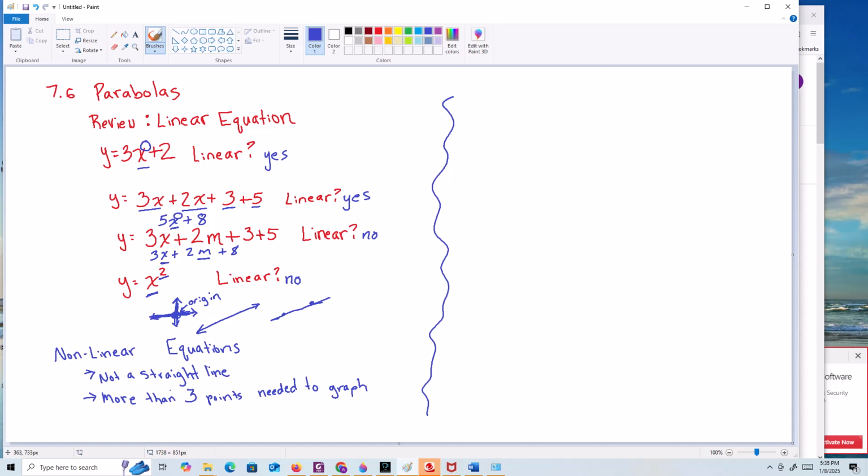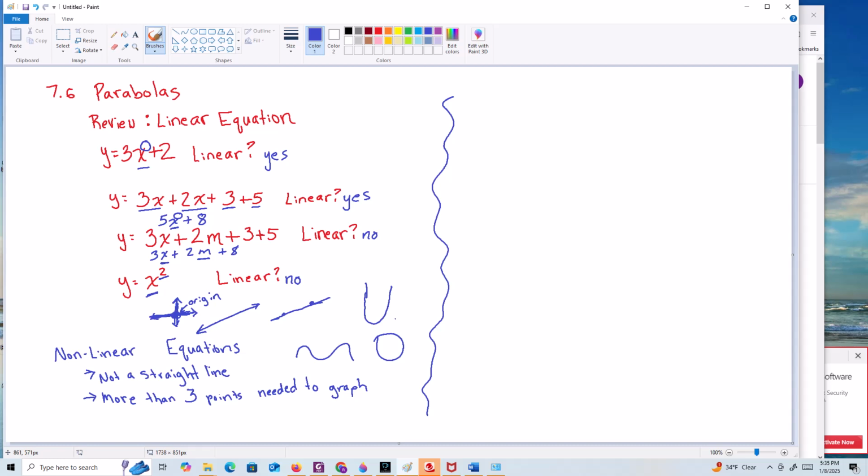Not so with nonlinear equations. Now, if a linear equation graphs out to be a line, a nonlinear equation does not graph out to be a line. So a nonlinear equation might be a circle, or it might be something called a parabola. That's a parabola.